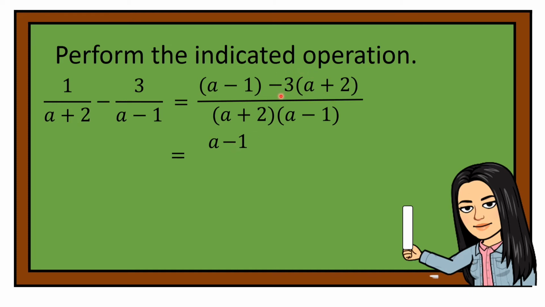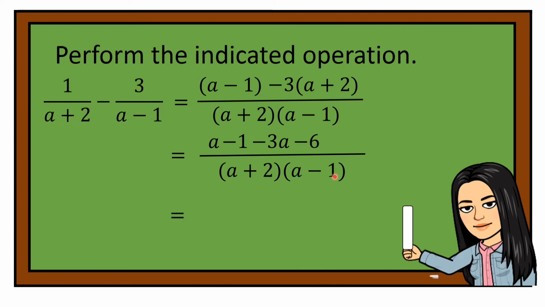So we have to use the distributive property. Negative 3 times a is equal to negative 3a. And negative 3 times 2 is equal to negative 6. Over, copy the LCD, which is a plus 2 times the quantity a minus 1.